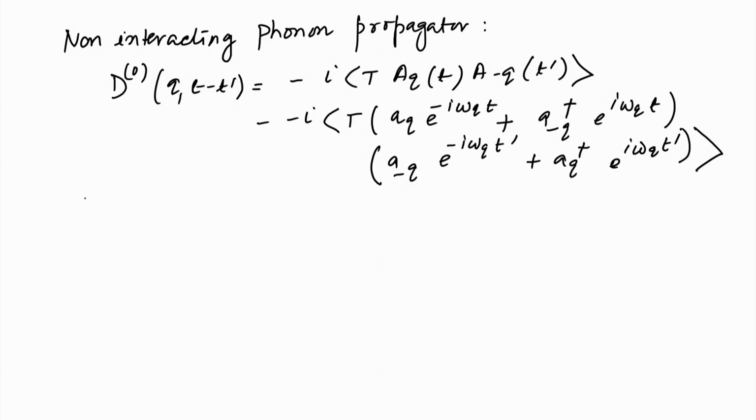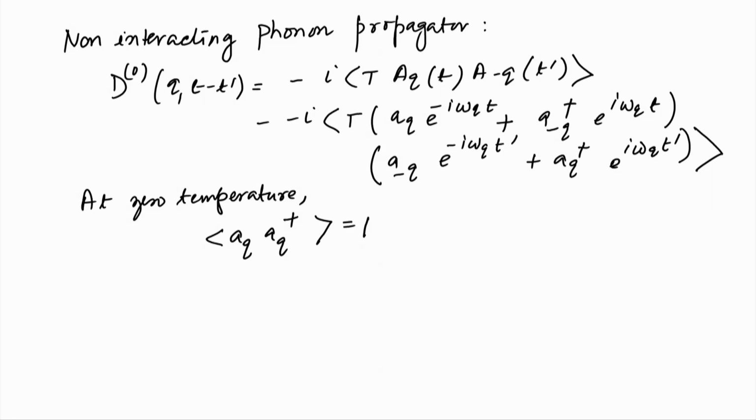At zero temperature, it is known about phonons, or bosons, that a q a q dagger is equal to 1, whereas a q dagger a q is equal to 0.